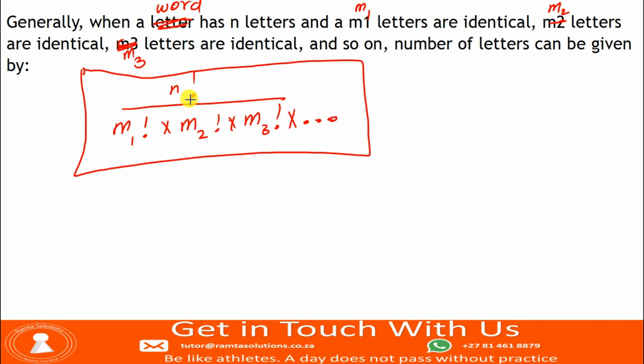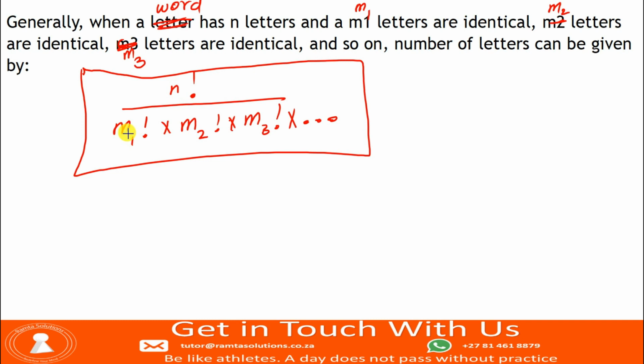So remember, n is the number of letters in your given word. Now M sub 1 are the letters that are repeating. How many times are they repeating? That's basically your M. M is the number of identical letters in that word.